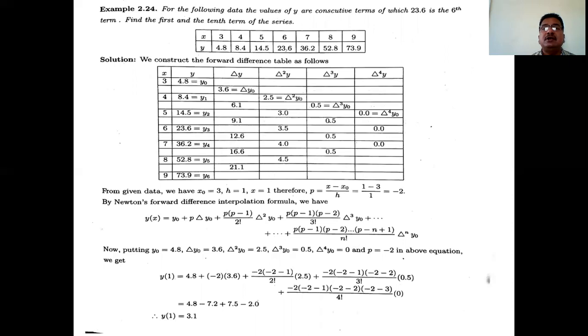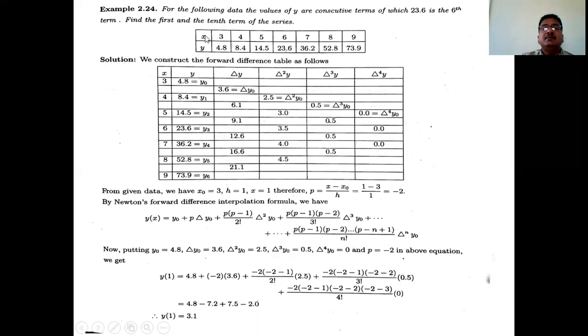If the values of x are not equidistant, then use Lagrange's interpolation formula. If the values of x are equidistant and we interpolate at the beginning of the table, use the forward formula; at the end of the table, use the backward formula.